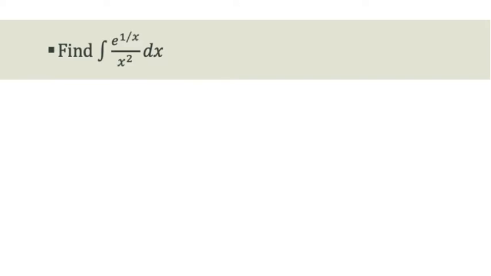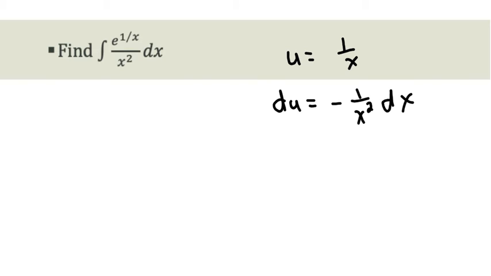Alright, so the next one here, again, we want to look and see, do we have an integral in this? So hopefully you recognize by now that if I have 1 over x, when I take the derivative of that, I end up with negative 1 over x squared dx. Okay, so hopefully you recognize that by now, but if not, there it is.